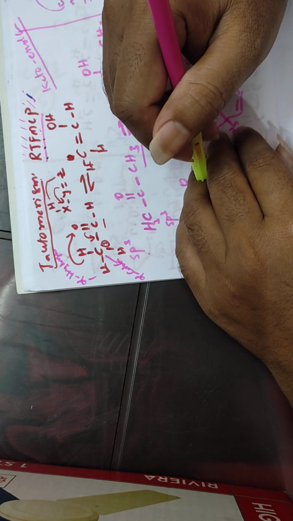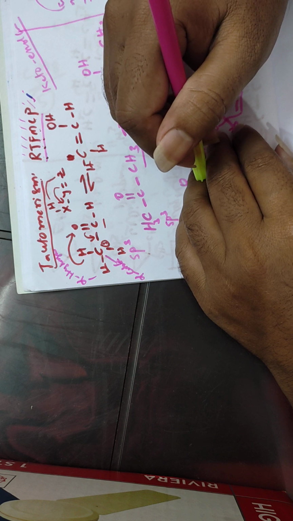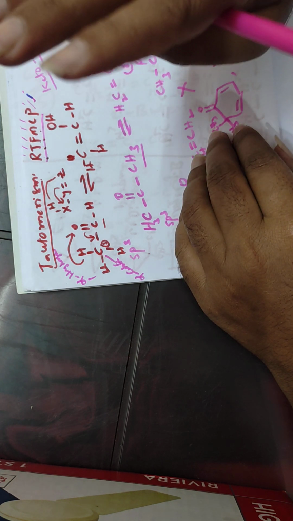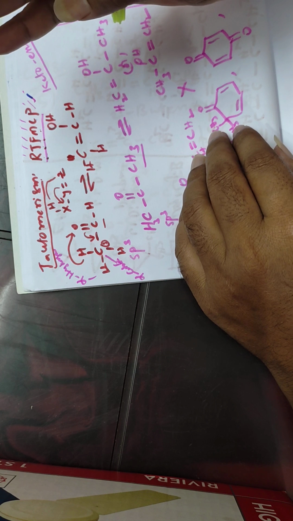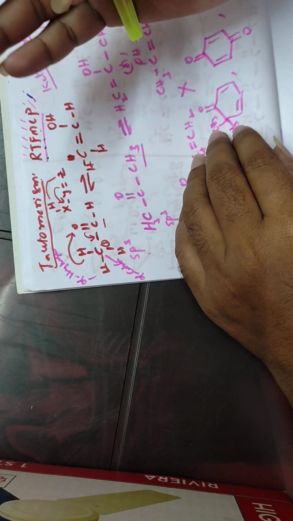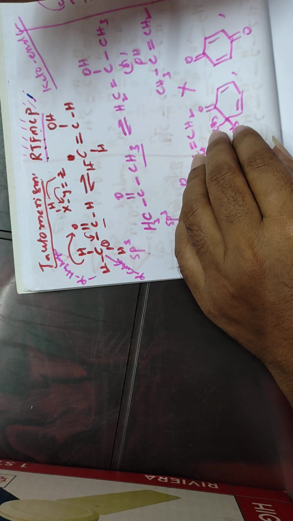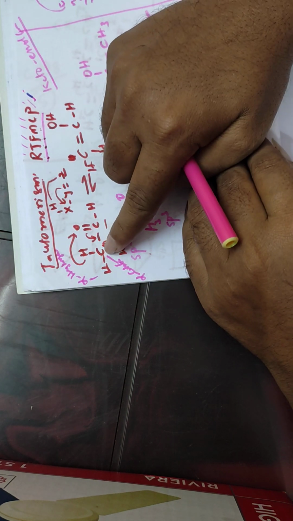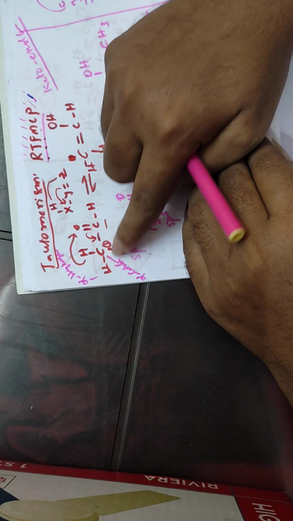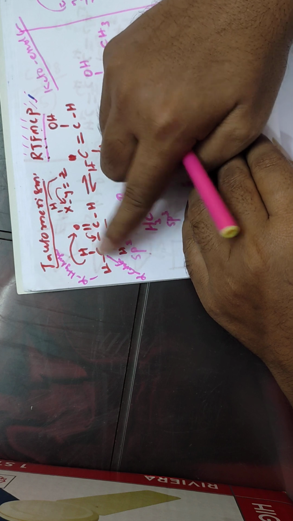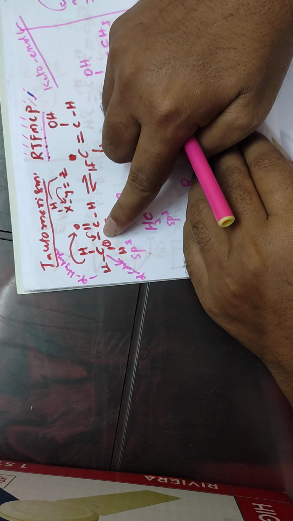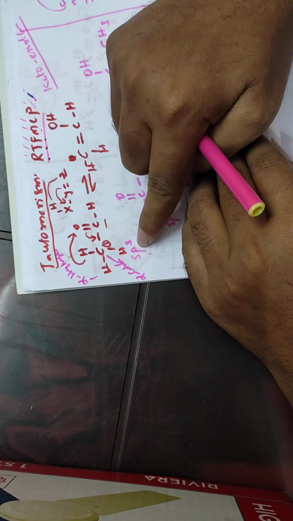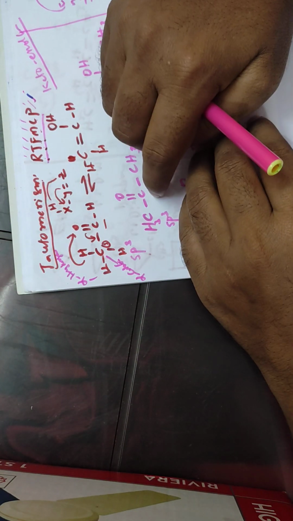How can we find the hybridization? If that carbon contains all single bonds, then it is sp3. If it has double bonds, then sp2. If it has triple bonds, then sp hybridization. Here you see this carbon has all single bonds with these 3 hydrogen atoms and with this. So this is an sp3 carbon. Simply, this alpha carbon is sp3.